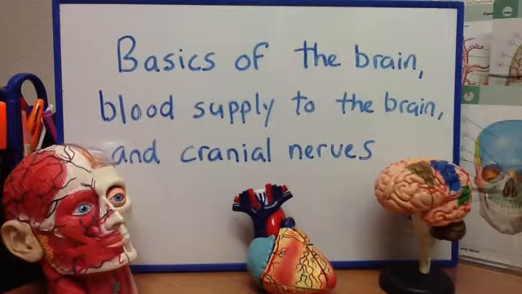So now we know what the vertebral arteries do. Remember, they come off the subclavian arteries, and then they become the vertebral arteries, and then at the base of the brain they form the basilar artery. Number 68. If the internal carotid artery is blocked, how can blood get to the brain?